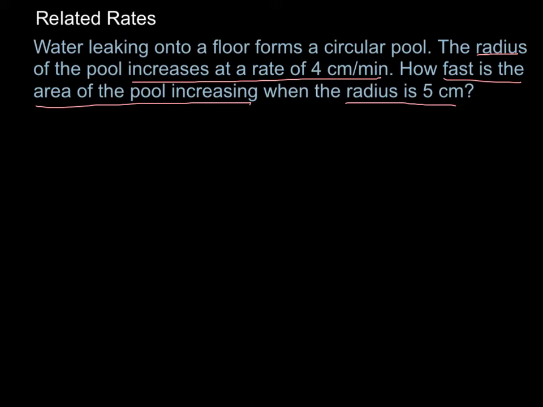Alright, so let's write down everything. We know the area of a circle, which is pi r squared. We know that r stands for radius. And we know that we're asking about how fast, so we're going to be talking about time, so t is going to be our time.